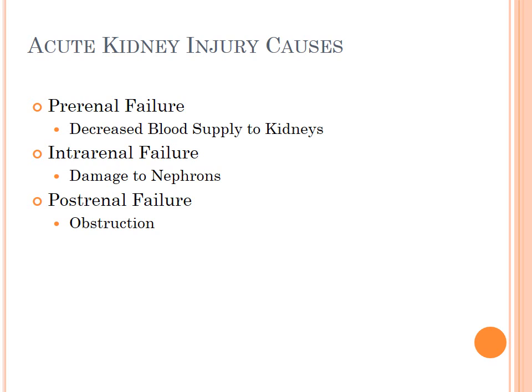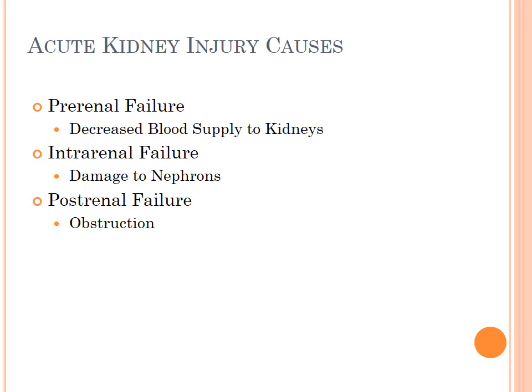Pre-renal is often related to a decrease in blood supply to the kidneys. It's a common cause of acute kidney injury. Decreased blood pressure or blood loss, hemorrhaging, shock, or trauma may be contributing factors. So there's a decrease in blood flow to the kidneys, therefore to the nephron, therefore a decreased ability for it to do its job.